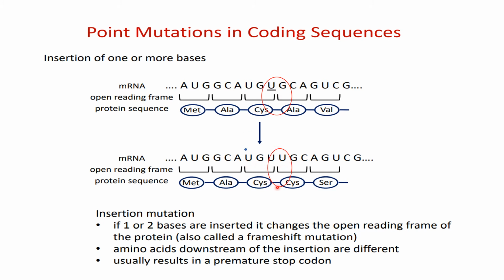One base is inserted in this sequence. So if one or two bases are inserted, it changes the open reading frame. It goes for a different amino acid and changes the open reading frame of the protein, and sometimes causes a premature stop codon, I mean termination of the protein.